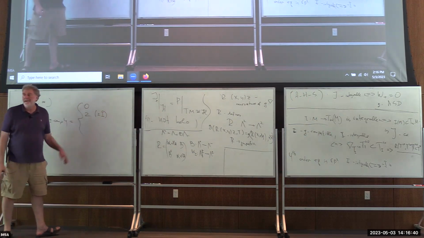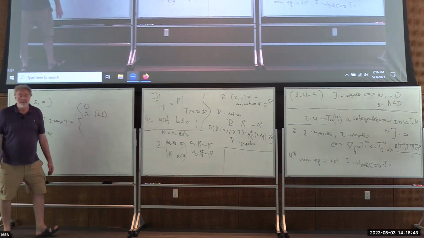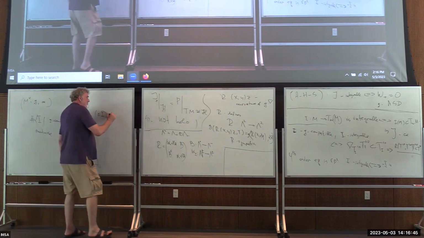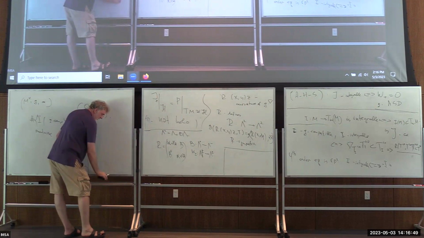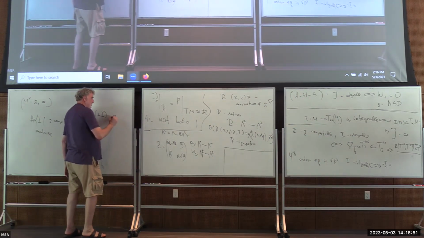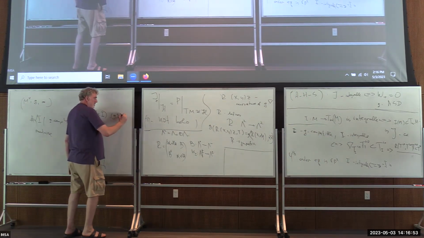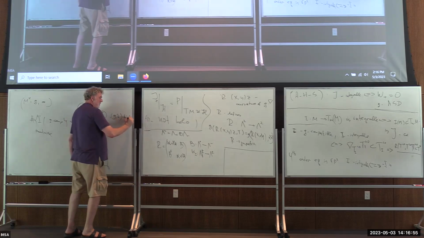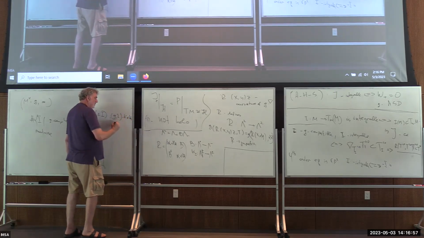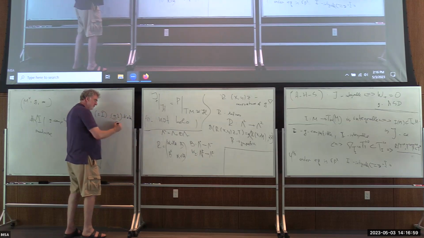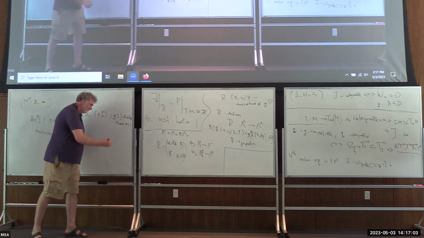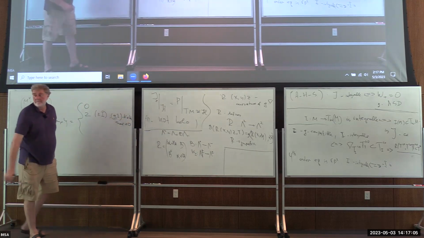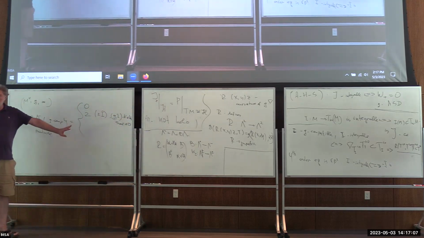And let's say this happens if we have Fig of Gi, the scalar curvature, non-zero. Not constant, just non-zero everywhere.